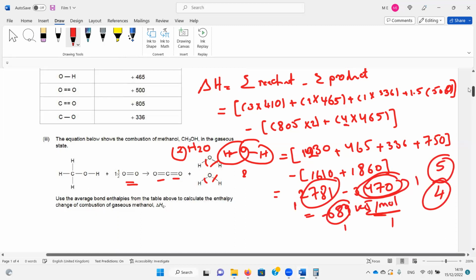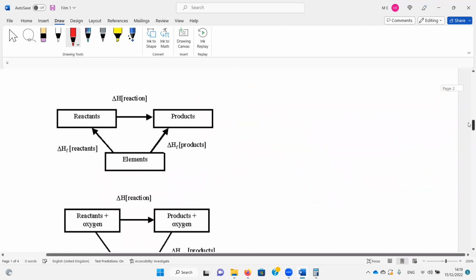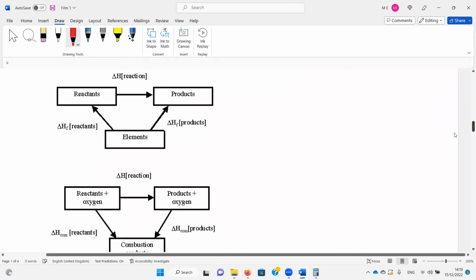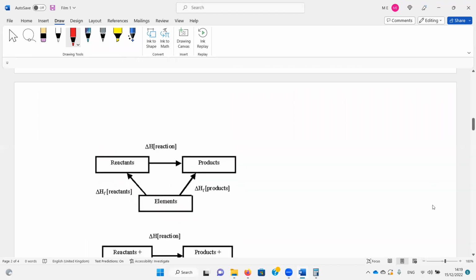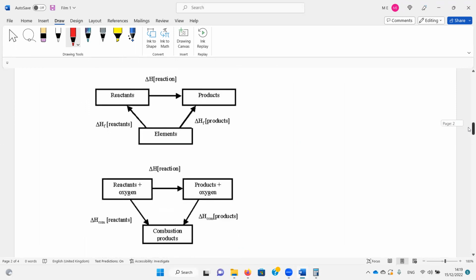The second type of problem is when you are presented with data and you are asked to draw a process cycle. In this case, most of the time, it's one of two things: you are provided with enthalpy change of formation or enthalpy change of combustion.